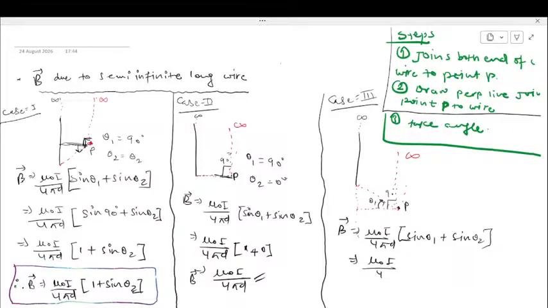Here both are in the same direction, so it will be minus. So it becomes mu naught I upon 4 pi d (1 minus sin theta 2). This is the third case.